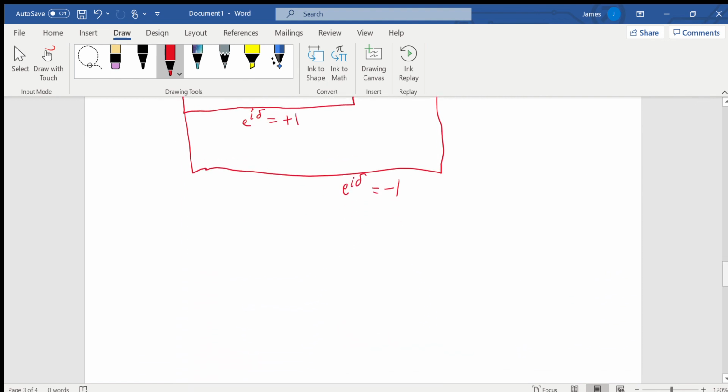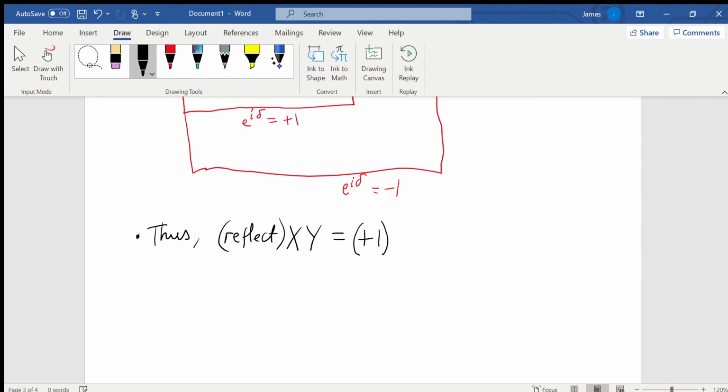Okay, so let's write that in a sentence-ish. So thus, we've just seen that the act reflect on the object xy can give you plus 1. Well, actually I really should say not the act of reflect.